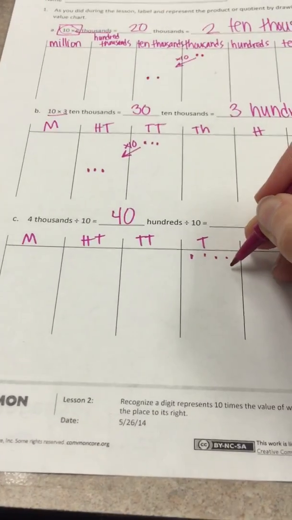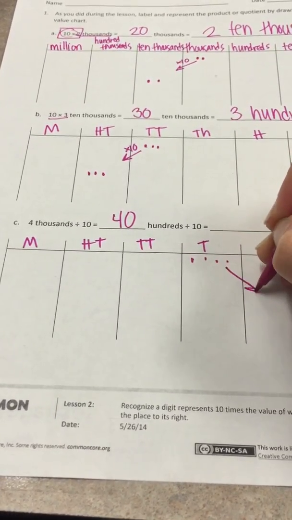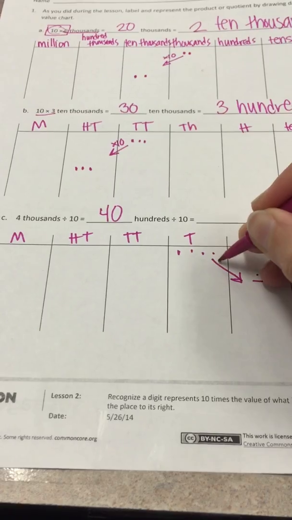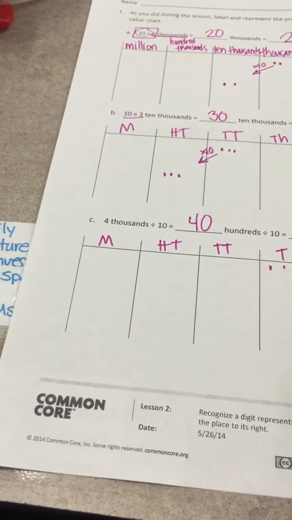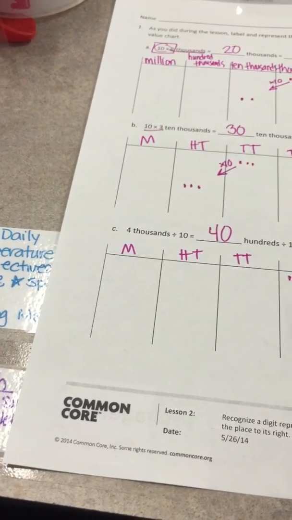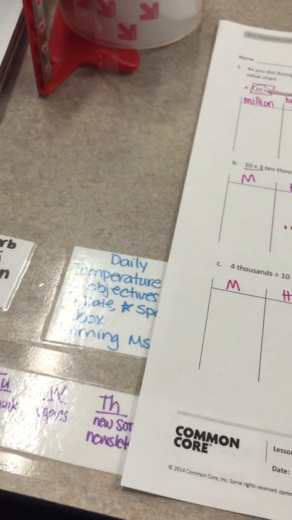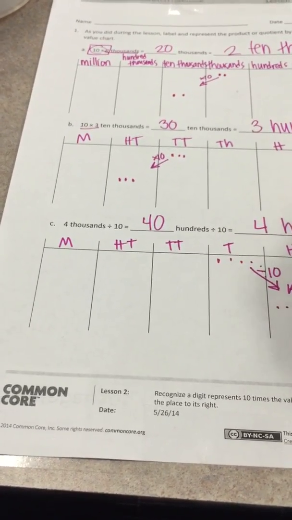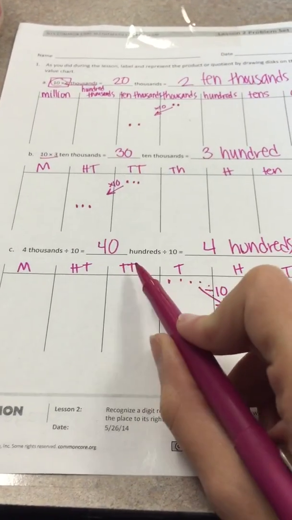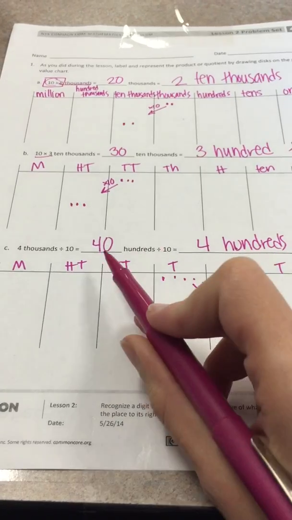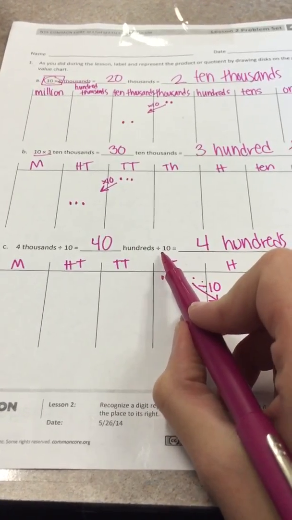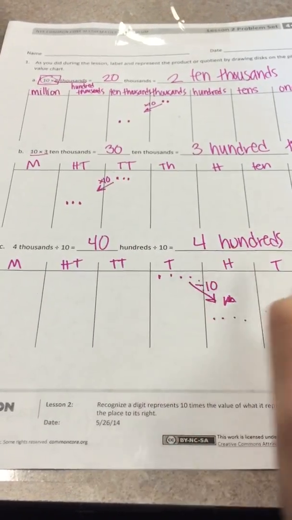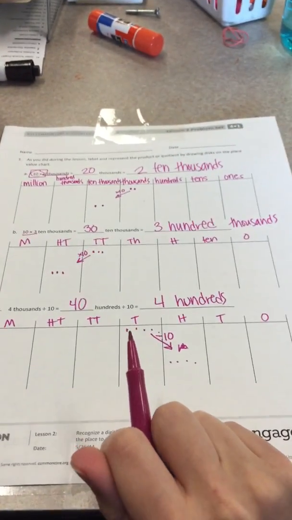And it actually equals divided by 10. 1, 2, 3, 4. 4 hundreds. Because it's still 40 hundreds divided by 10. And then if we take 40 and divide it by 10, we get 4 hundreds. That is the front of your worksheet.